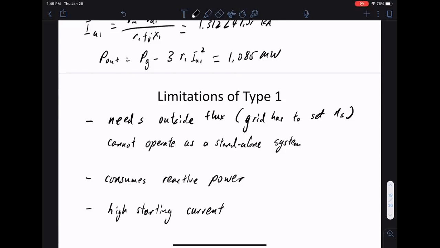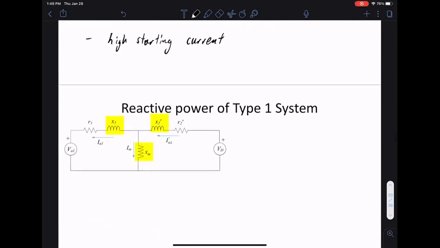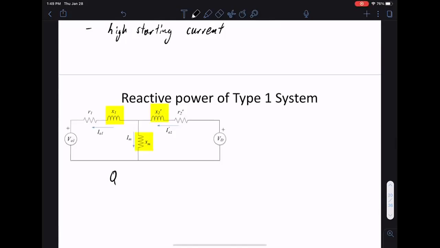The reactive power part is quite simple, because again, this generator cannot provide reactive power. Every element basically consumes reactive power.